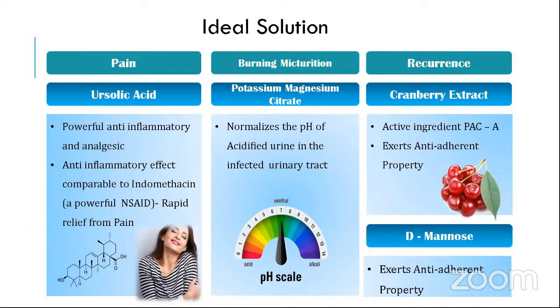Recurrence is managed with cranberry extract. This cranberry extract exerts an anti-adherent property. D-mannose also exerts an anti-adherent property. These two, cranberry extract and D-mannose, are used for repeated or recurrent UTI.